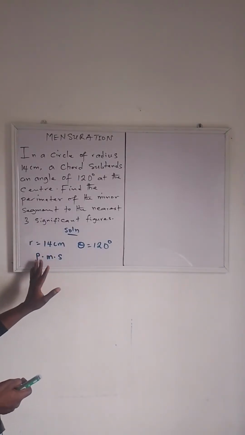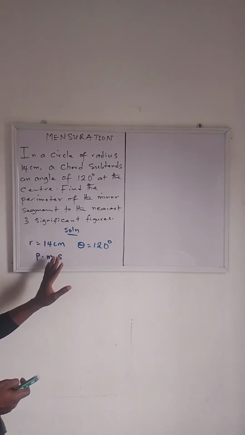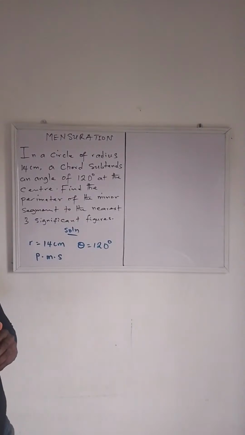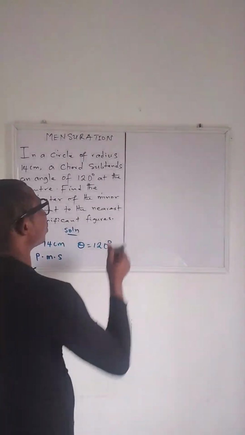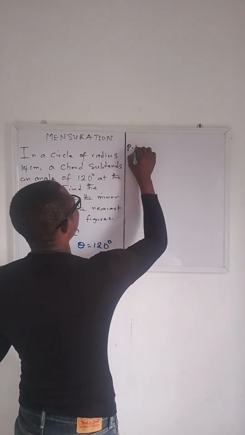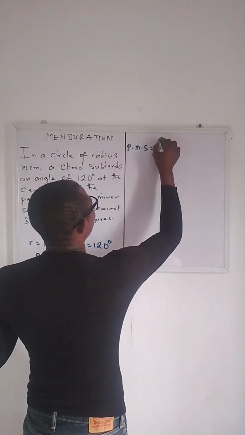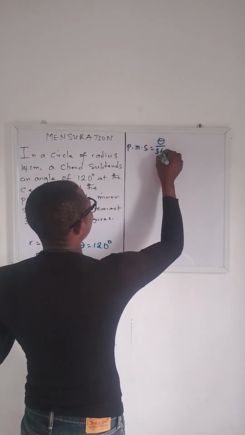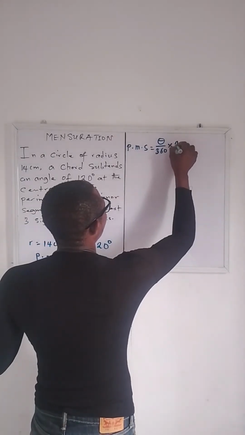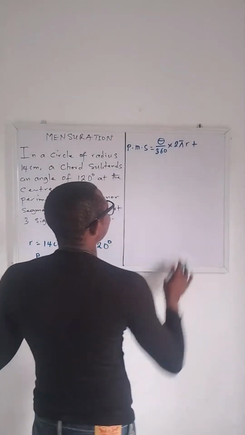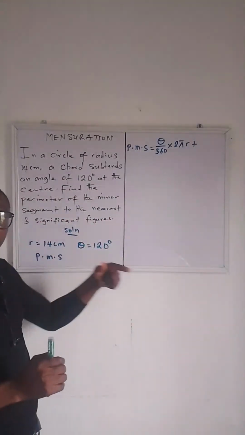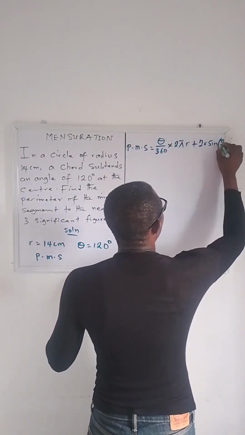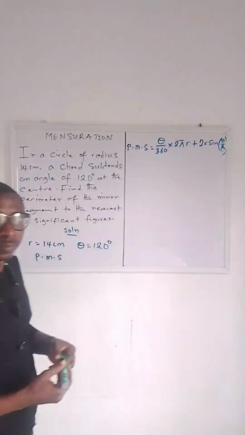Don't forget, the perimeter of the minor segment is the addition of the length of the chord and the arc. So now let's write the formula out. The perimeter of the minor segment is the length of the arc, which is theta over 360 times 2 pi r, plus the length of the chord, and that is 2r sine theta over 2.